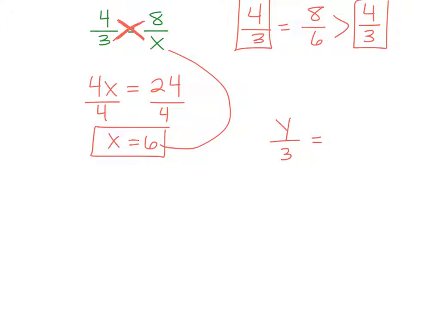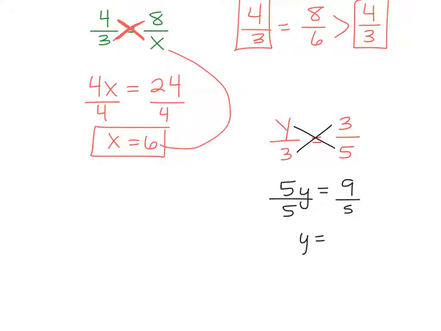y over 3 equals 3 over 5. What is your equation going to say? 5y equals 3 times 3. So 5y equals 9. And then you're going to divide by 5 on both sides.